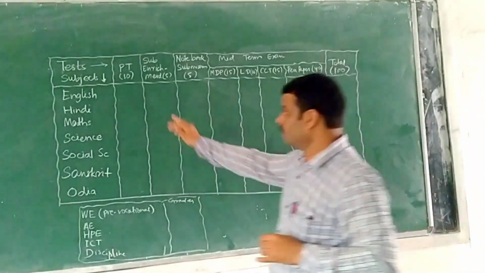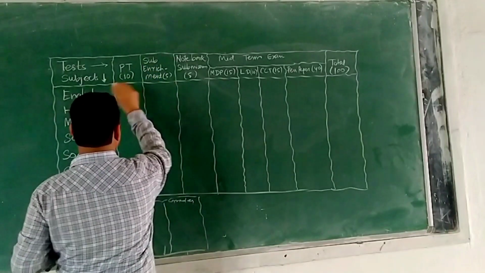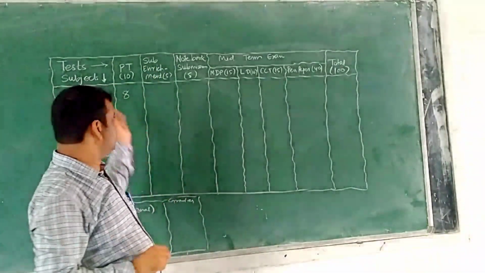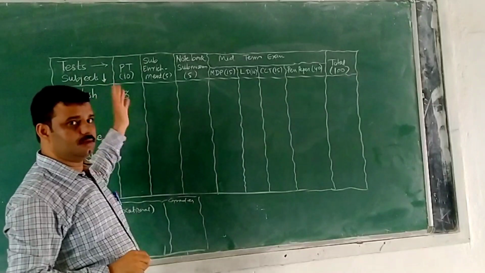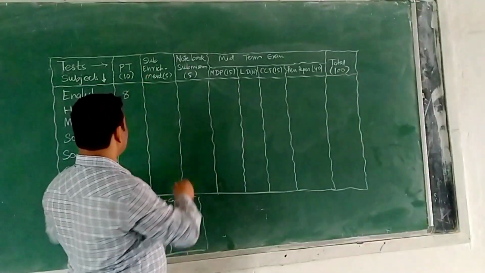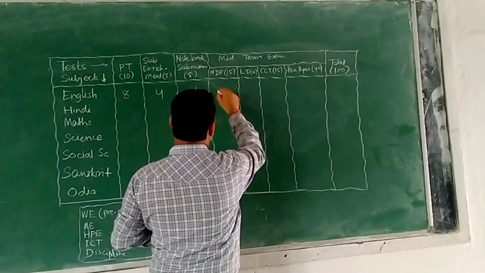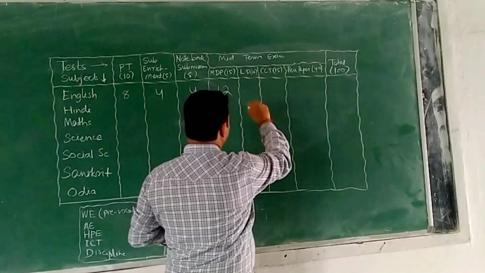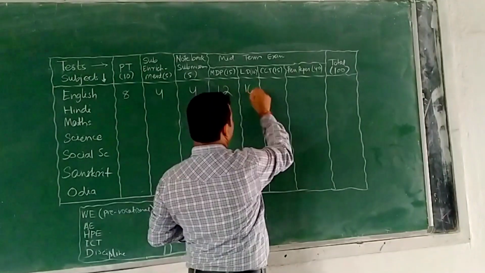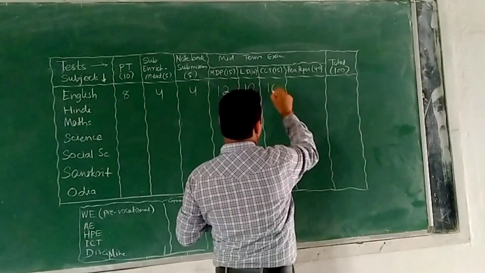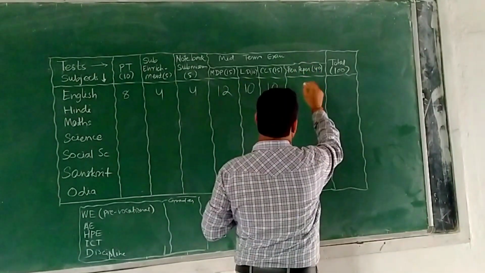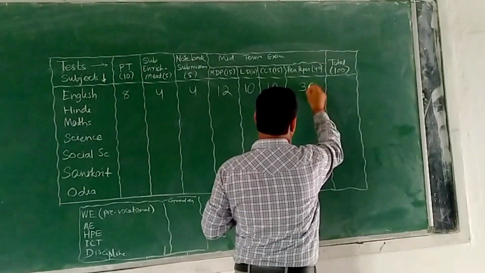So suppose you score 32 out of 40 in the PT, that then becomes 8. Then out of subject matter 4, notebook submission 4, multidisciplinary project you scored, suppose, 12. In learner's diary, you score 10 out of 10. In CCT you score 10. And in the pen and paper test you score, suppose, 36.